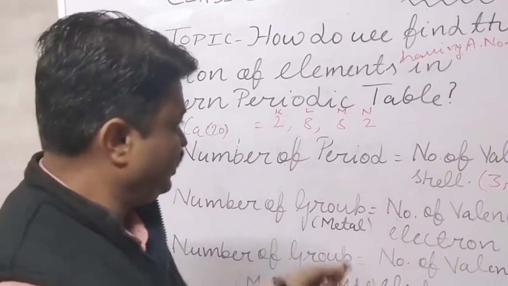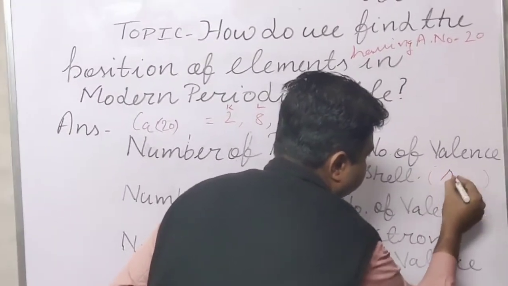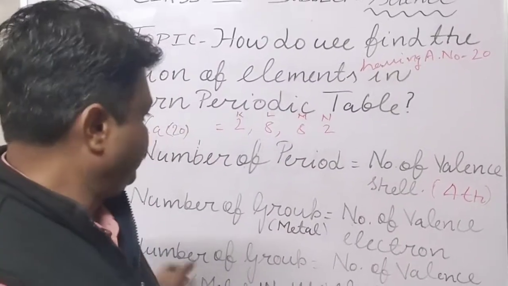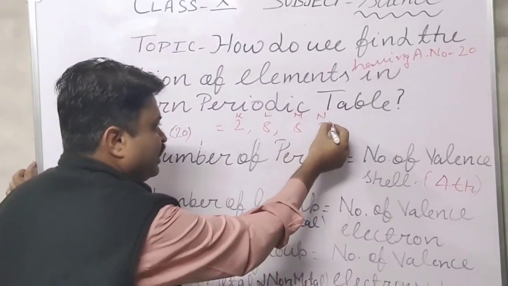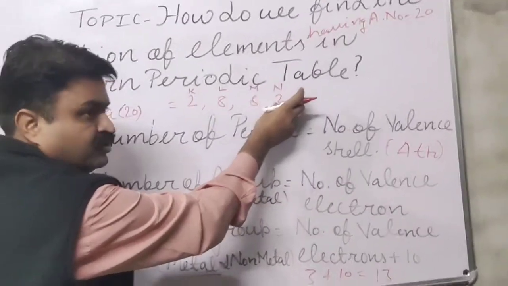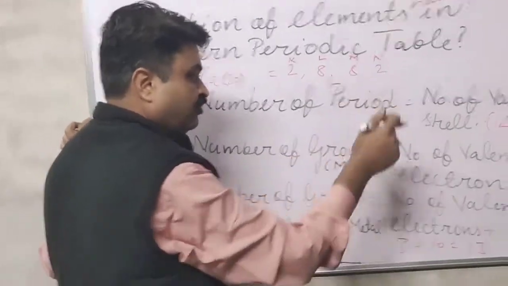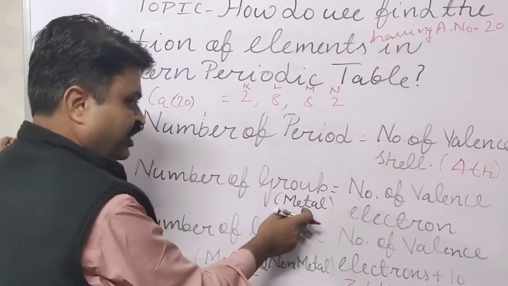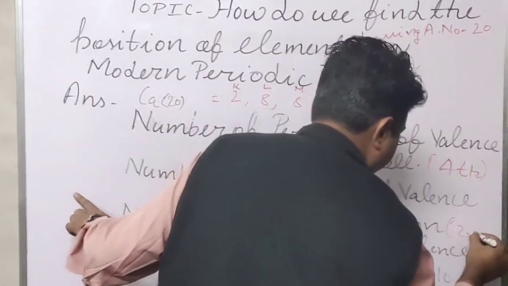We get the period. So what is the period here? It is the fourth period. And in this, how many electrons are found in the outermost shell? Meaning what is its valency? It is 2. So with the help of this simple trick, in the case of the metal, we write here the second group.